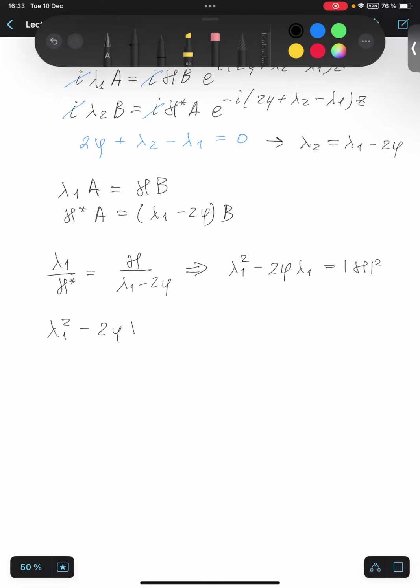Minus 2 phi lambda 1, and here we add phi squared, and here also phi squared plus kappa squared, and we easily obtain that lambda 1 equals phi plus minus the square root of phi squared plus the square modulus of kappa.